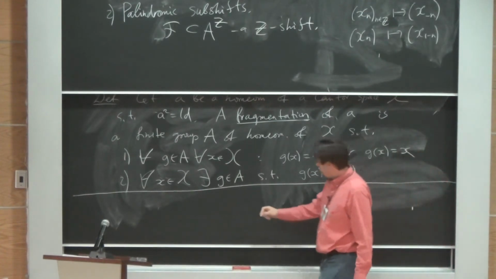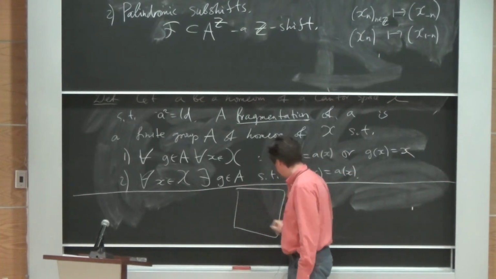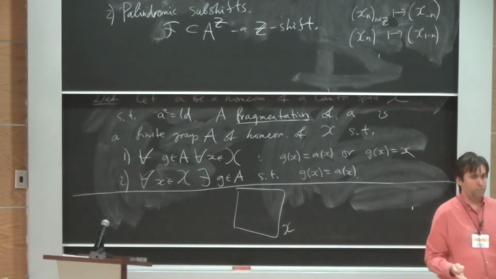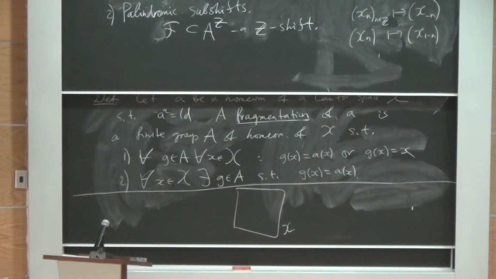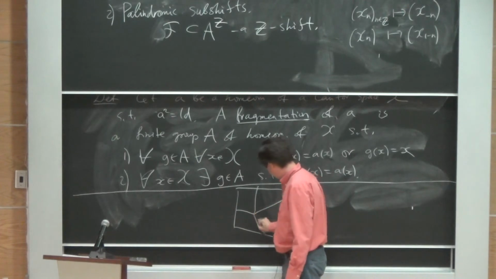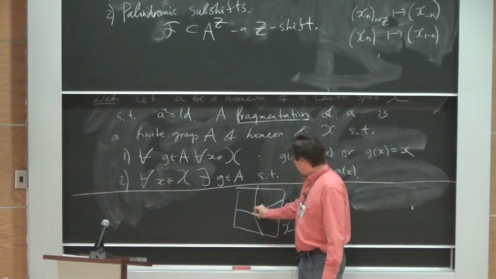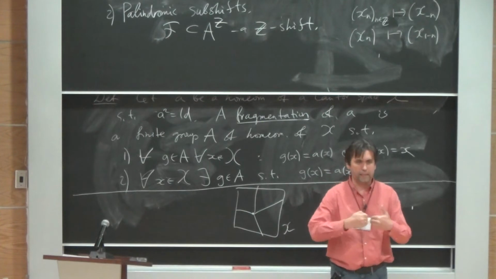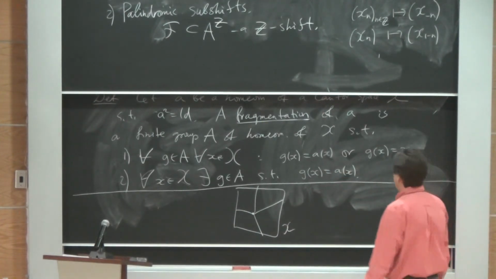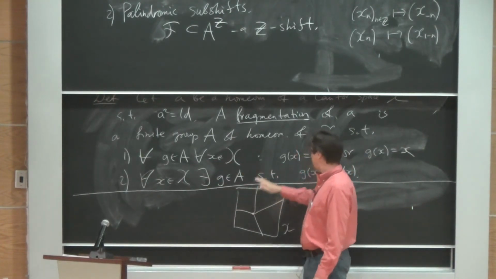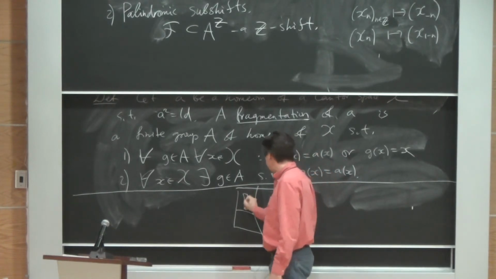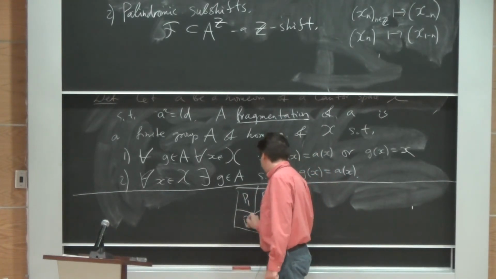So basically what happens is the following. You have your Cantor space X. You split it into pieces, split it into some tiles, closed pieces, and such that their intersections are fixed points of A. So you have pieces P1, P2, P3, P4.